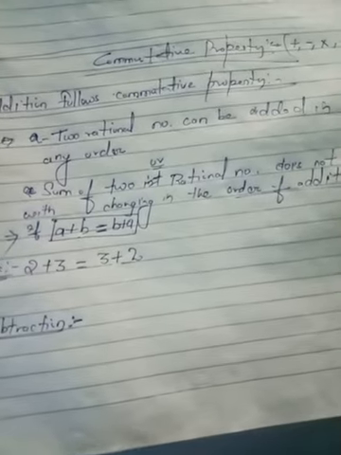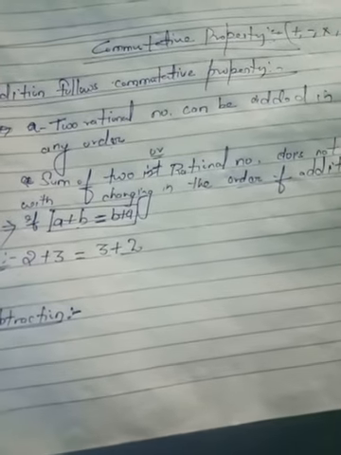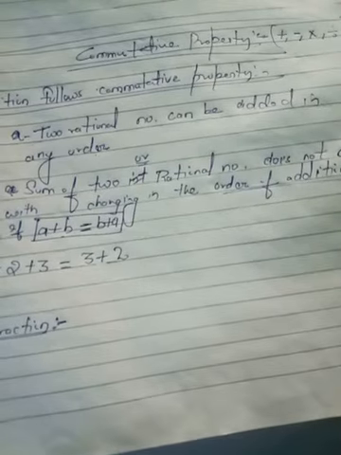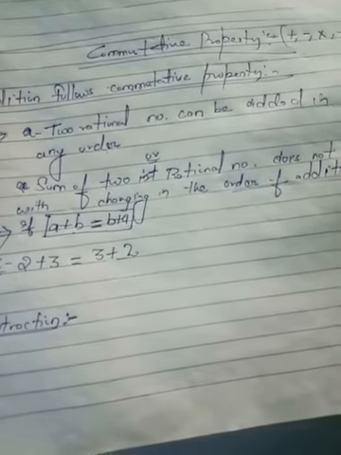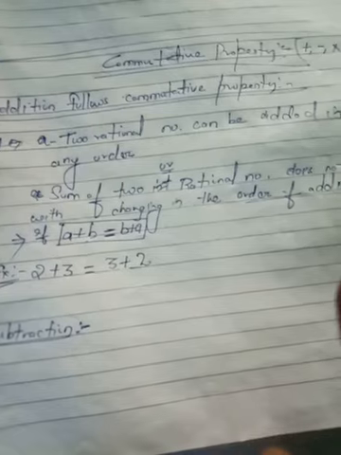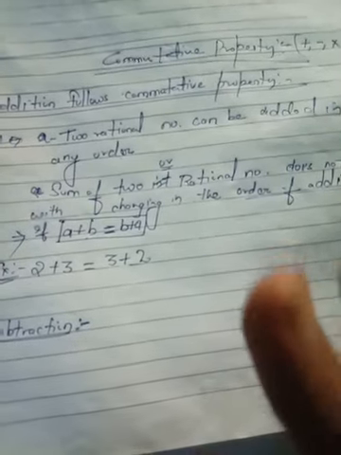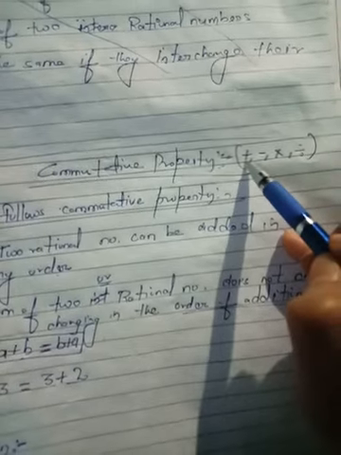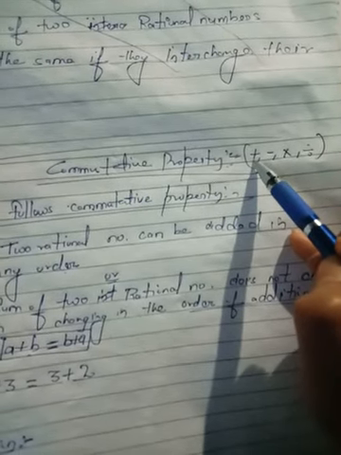Okay. So, as I have already explained to you, rational numbers, while doing the operations, follow the commutative property, but not in every case. Addition follows the commutative property.